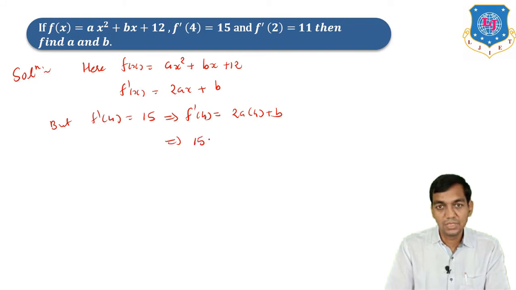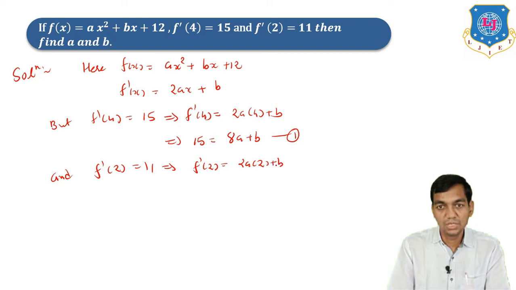So we have 15 is equal to 8a plus b. This is the first equation. In the same manner, f dash of 2 is equal to 11, and that will give you f dash of 2 is equal to 2a into 2 plus b, and that will give you 11 is equal to 4a plus b. This is the second equation.